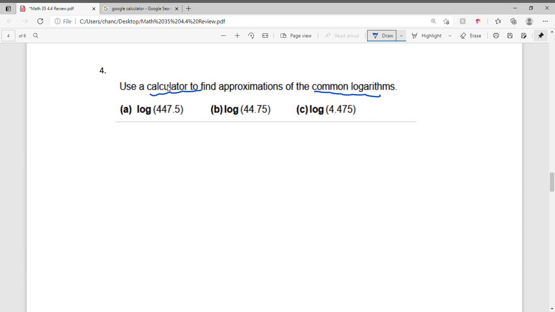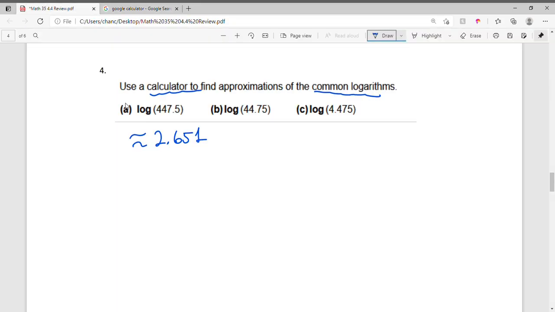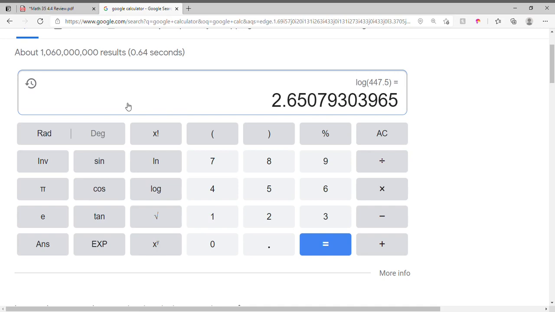Let's try the first one, log of 447.5. Push enter, and our solution is approximately 2.651. For part B, we do the same process, entering log of 44.75. Click equals, and our solution is 1.651.